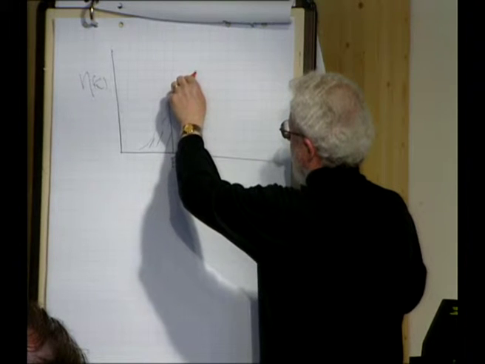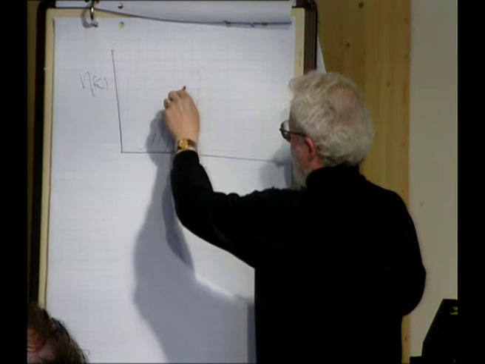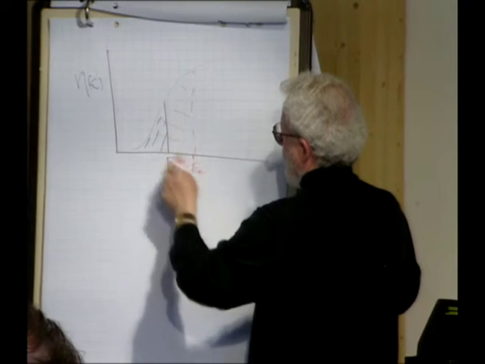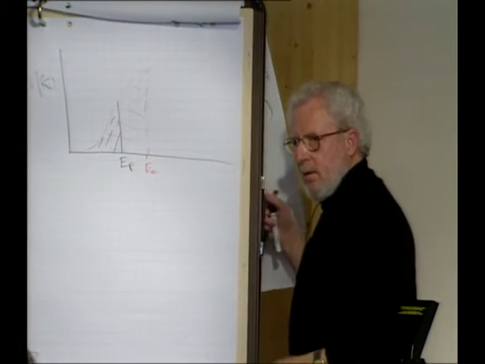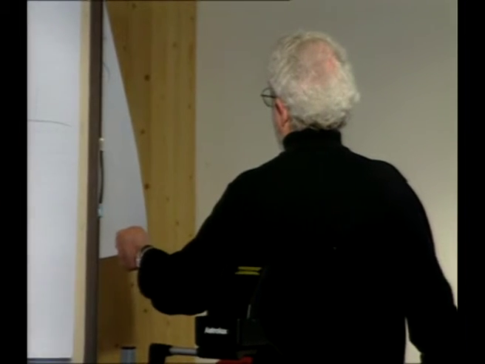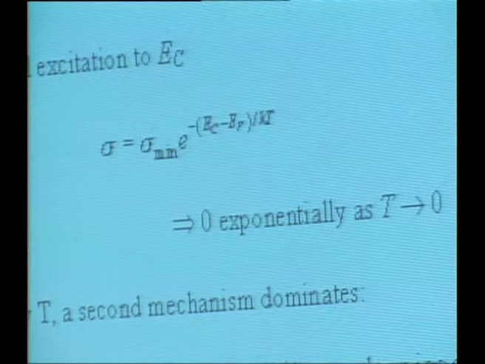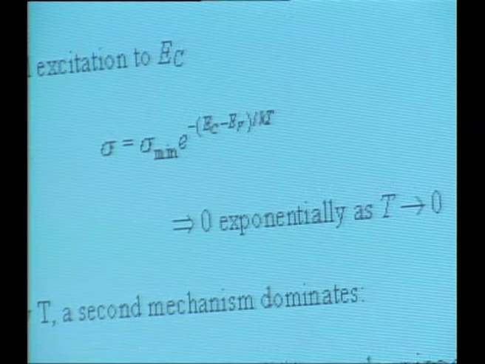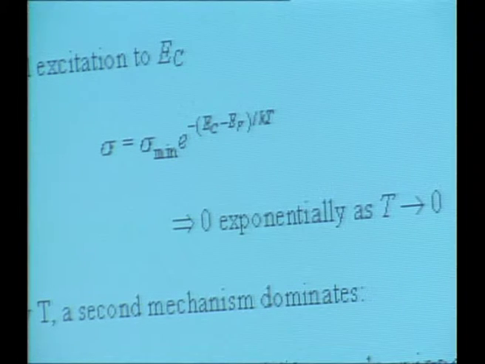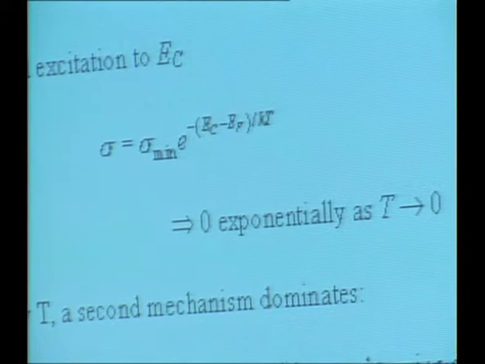All of these states below the mobility edge are localized. Only these are occupied. So then it's pretty easy to make the argument that if you excite an electron from here up to here, you can get conductivity, and that's the expression that I was writing before. That conductivity will go to zero exponentially as the temperature decreases.